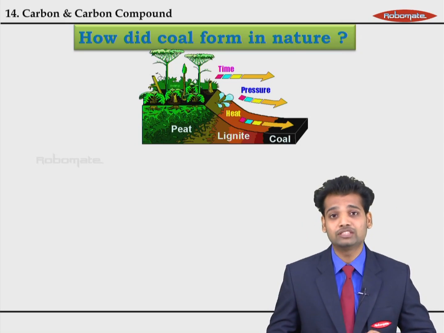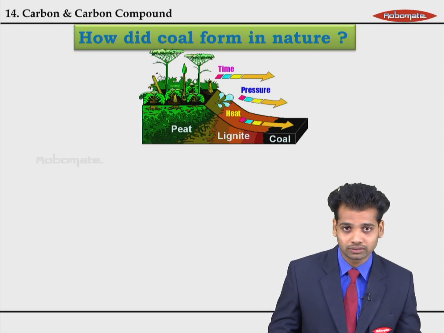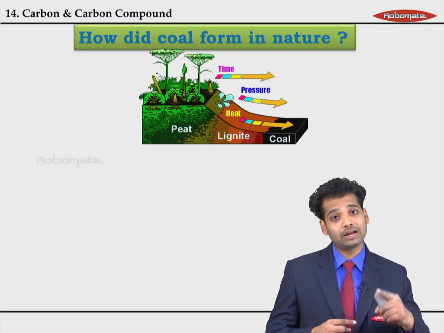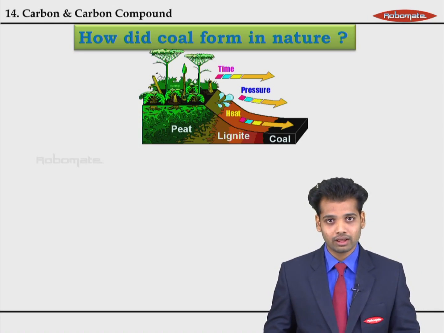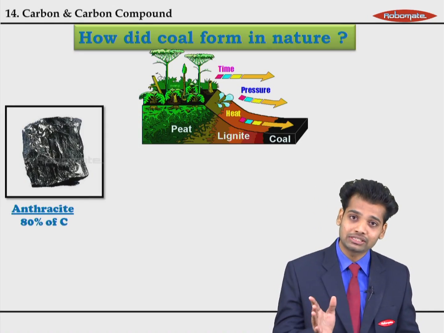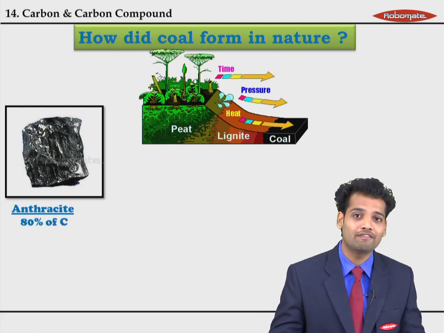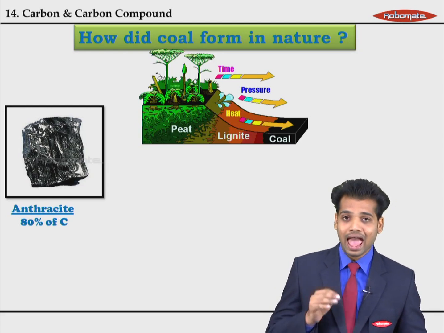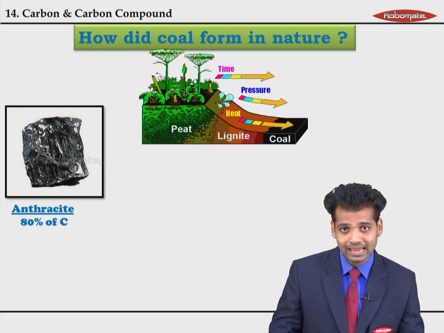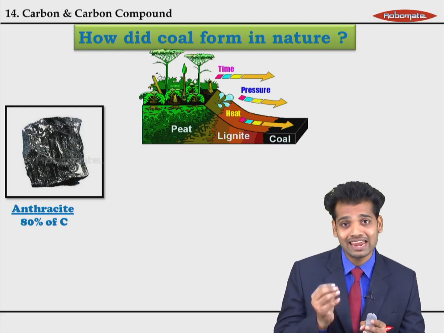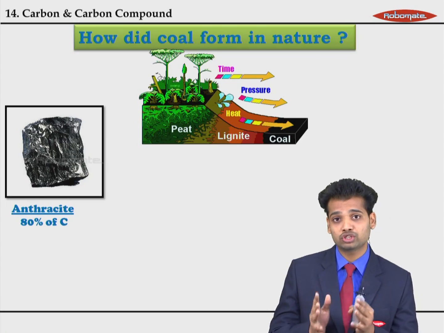Now, this coal is found in various forms. The more the pressure and the heat, the better the coal. Like for example, anthracite is the highest rank of coal available in nature. Anthracite is 80% carbon, meaning it has predominantly 80% of carbon in its whole structure.